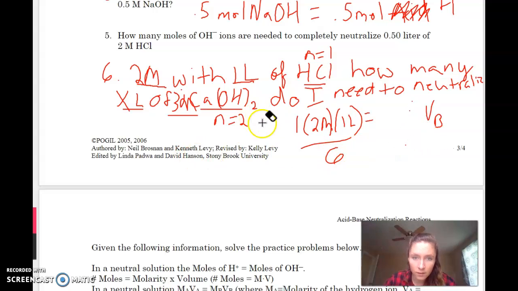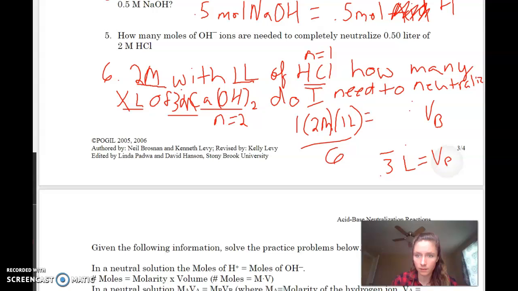So 1 times 2 times 1 divided by 6. Well, 2 divided by 6 is 0.333. So the volume of our base is 0.3 repeating, and that's in liters.